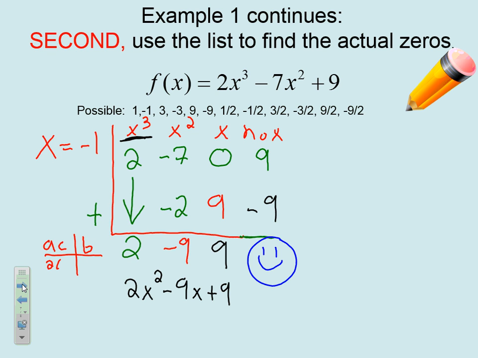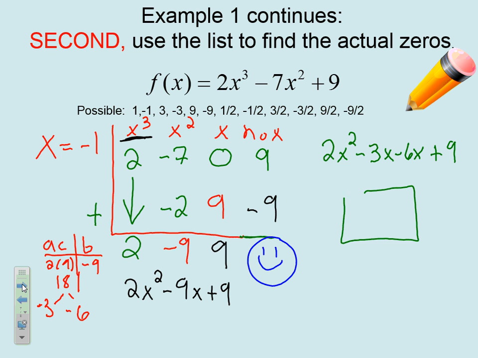So 2 times 9, 18, has to make negative 9. If we break that apart, I can do negative 3 and negative 6. Once I find my factors, I'm going to rewrite it. So it's going to be 2x squared minus 3x minus 6x plus 9.